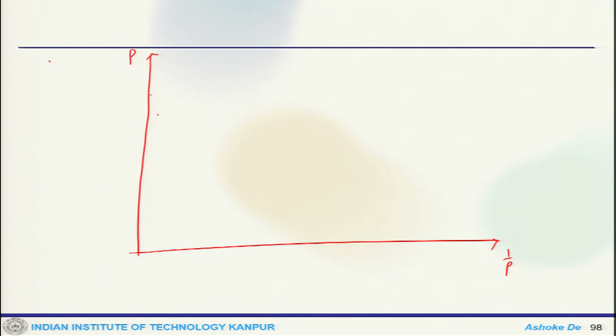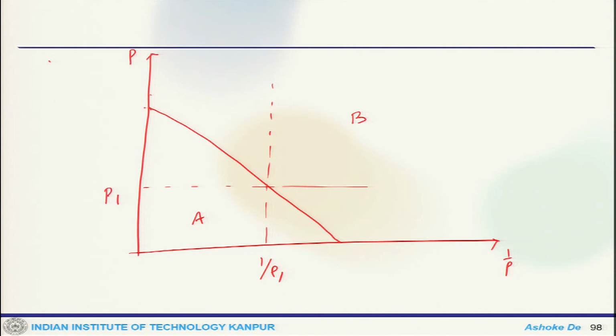Now, we can get a curve like this, and this is 1 by rho 1, this is point A, this is B, and this would be P1. The intercept is P1 plus m dot square into 1 by rho 1. So, that is my intercept.